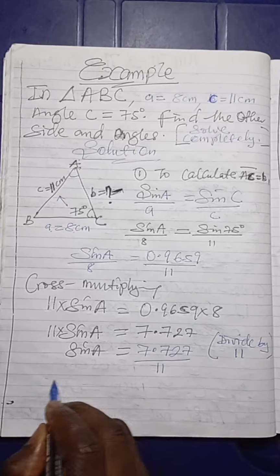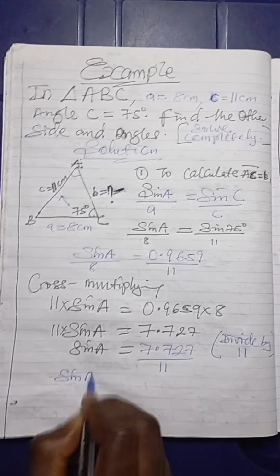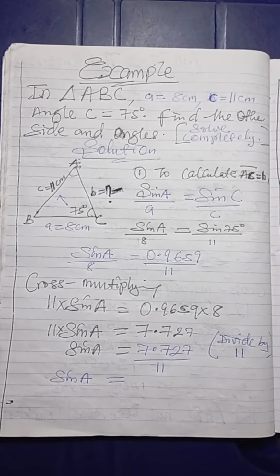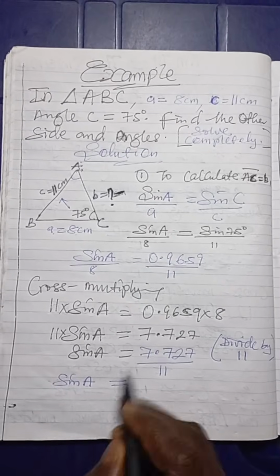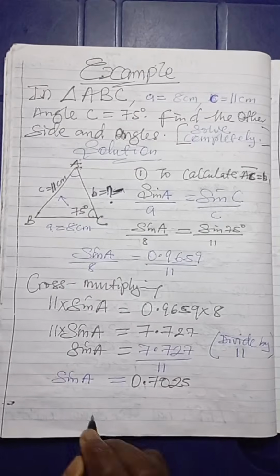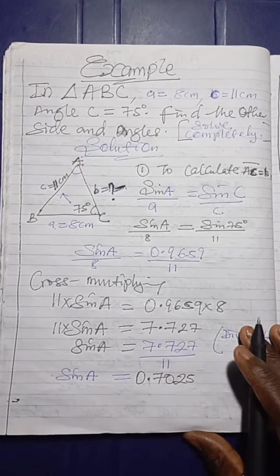Dividing through by 11, I will now have sine A is equal to 0.7025. That is not the end.